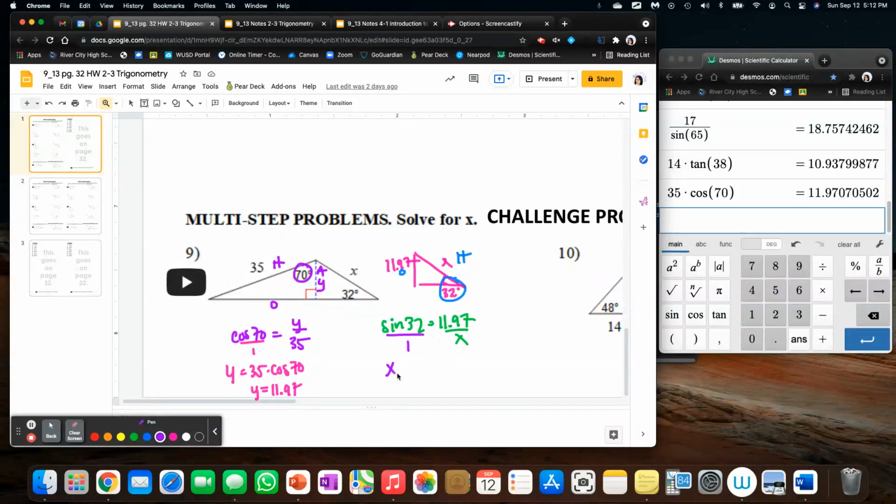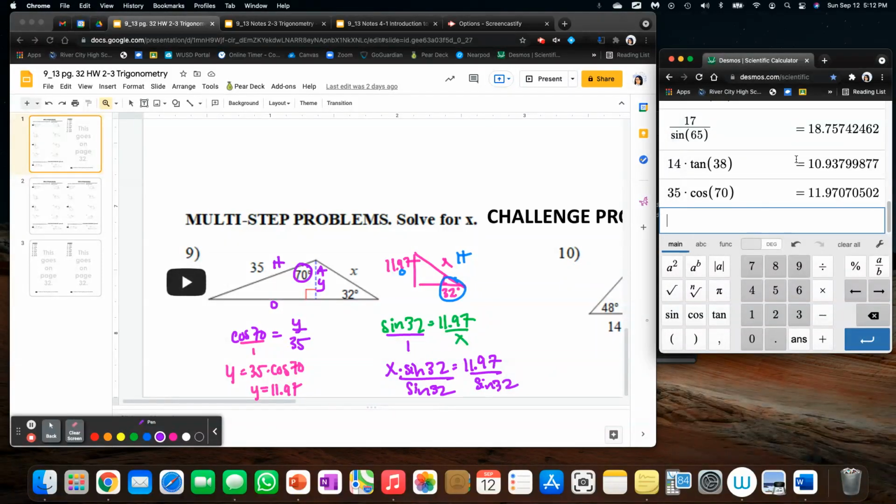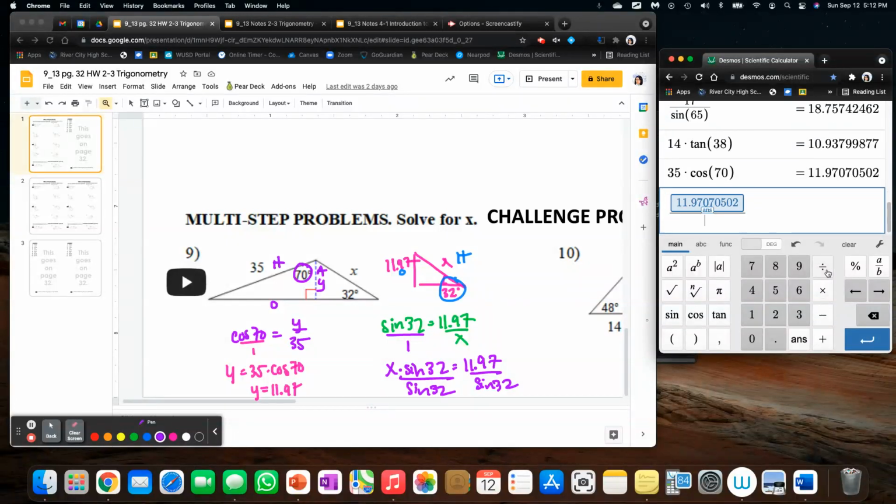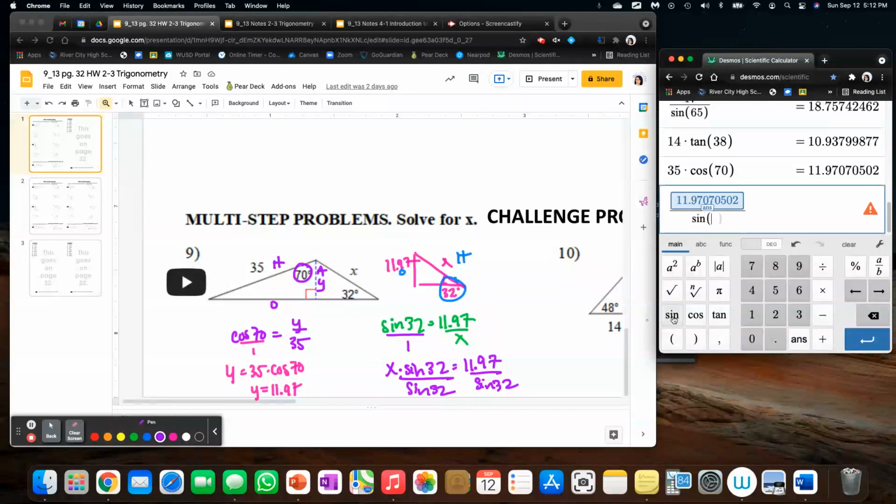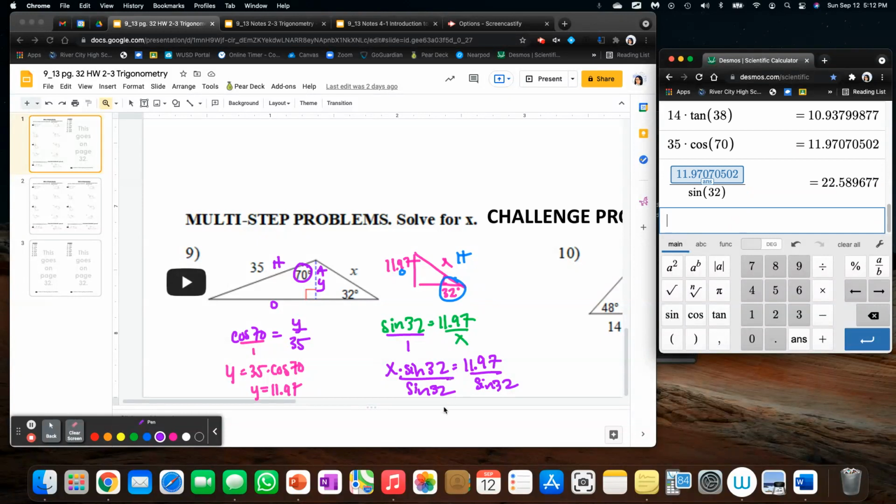Cross multiply, so x times sine of 32 equals 11.97, and then we divide. So I'm just going to do the previous answer divided by sine of 32. You get 22.59.